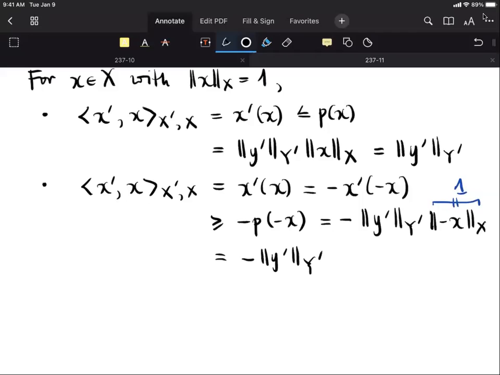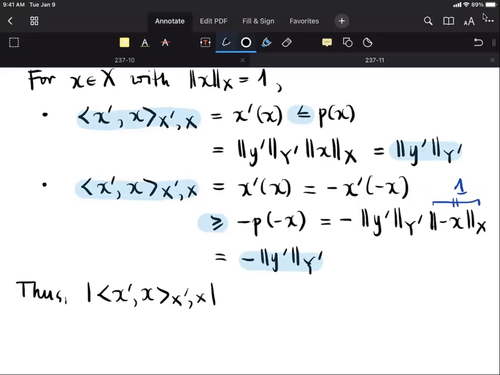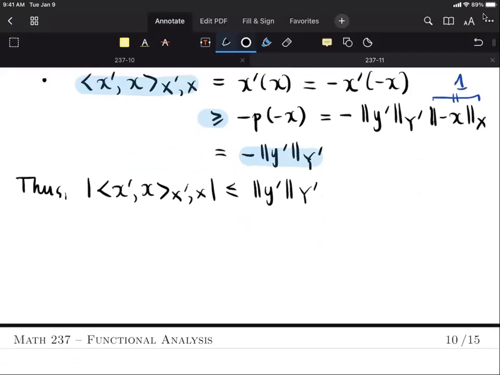Okay, so combining these two inequalities, we obtain that the absolute value of the duality pairing x prime and x is less or equal to the dual norm of y prime.